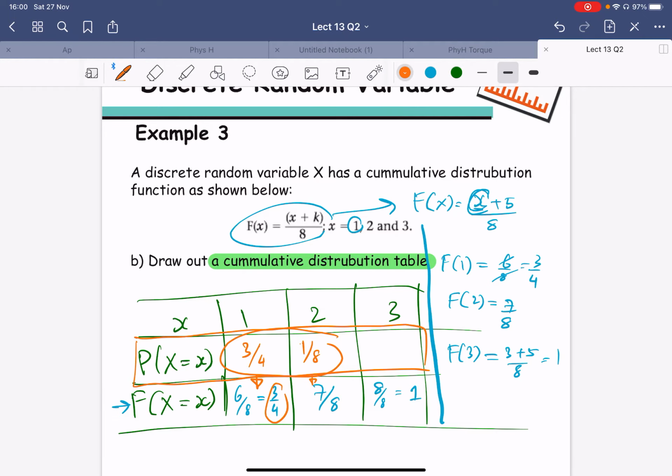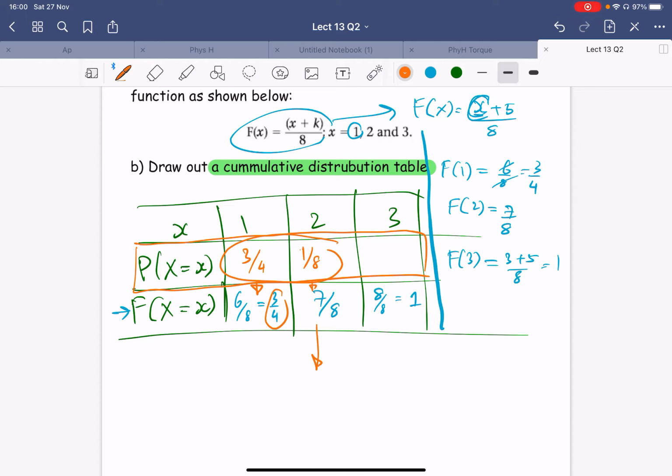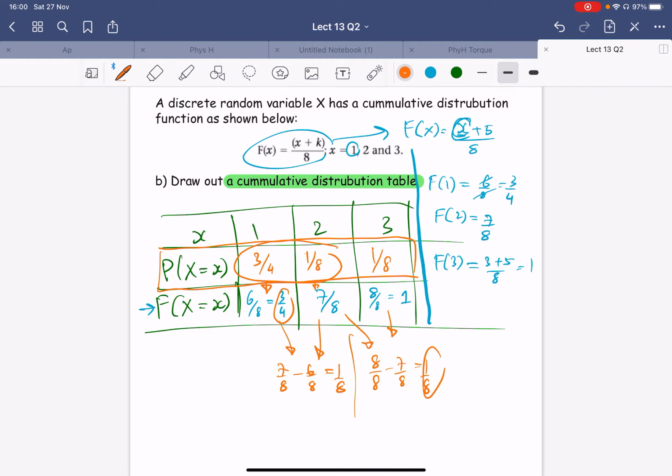Or I can say that 1 over 8 comes from the difference between these two. Then take the difference between these, you will get the next value: 8 over 8 minus 7 over 8, 1 over 8. This will be placed here. See that? This is a small trick you can do.